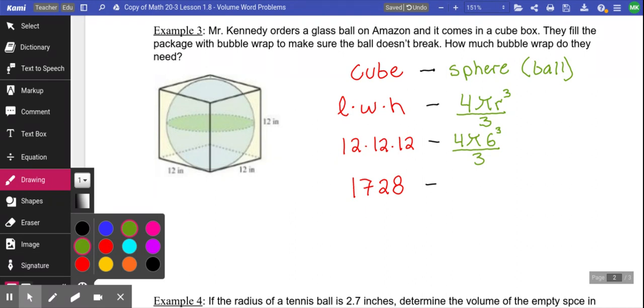Throw that in your calculator. It's going to be a bit of a nightmare to calculate. You should get 904.778.